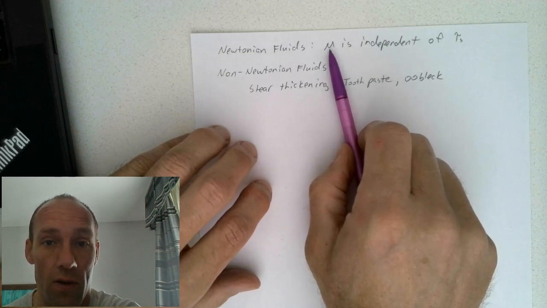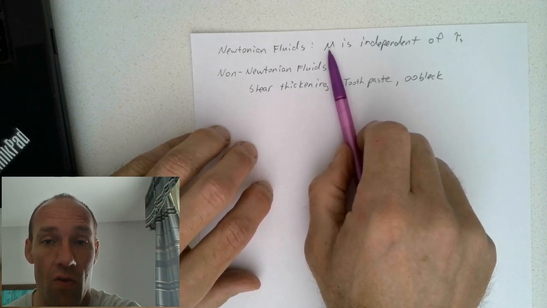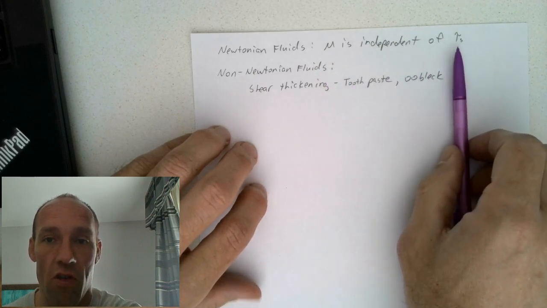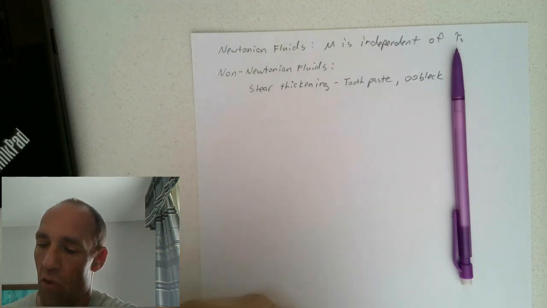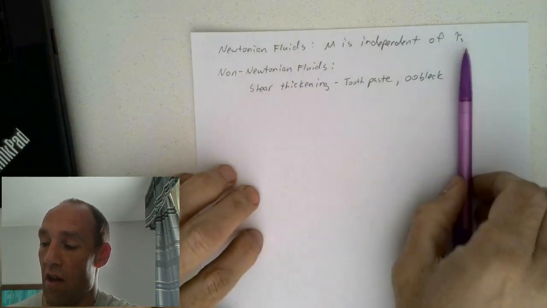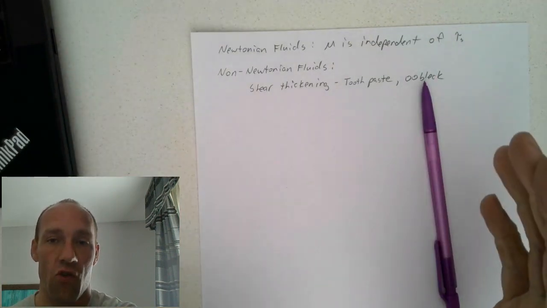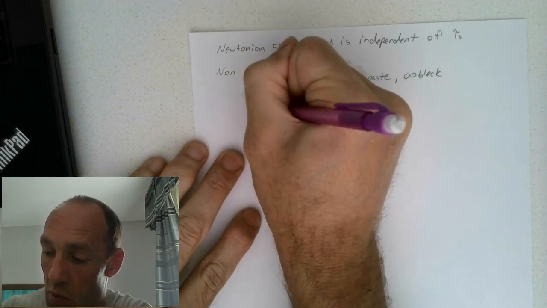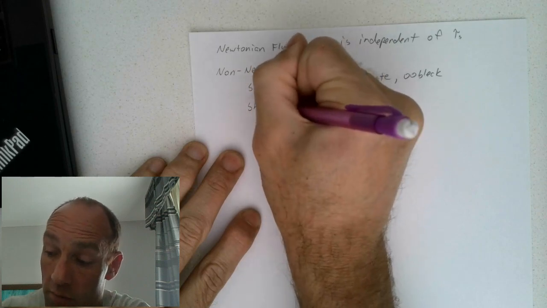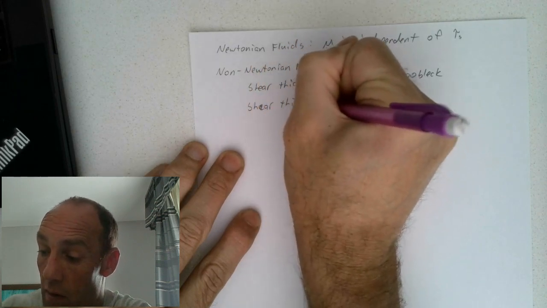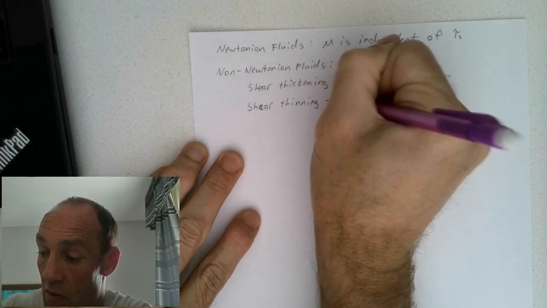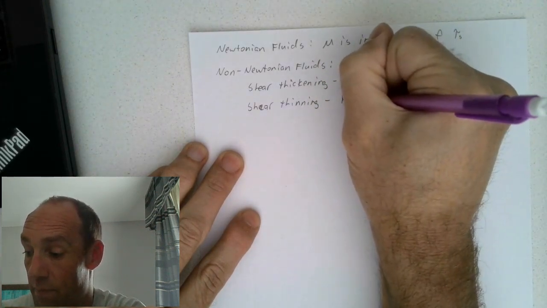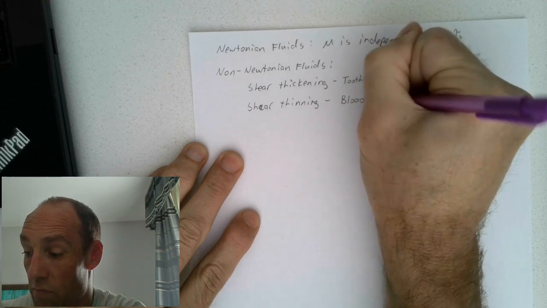So this viscosity is a function of the shear stress that I apply, and the viscosity greatly increases with the shear stress. And then you have things like shampoo or blood. These are examples of shear thinning fluids.